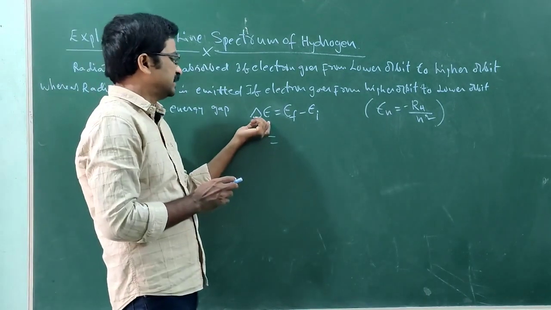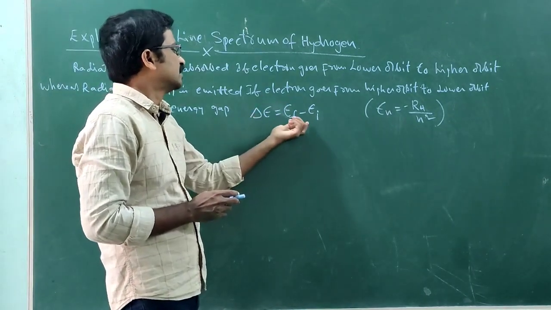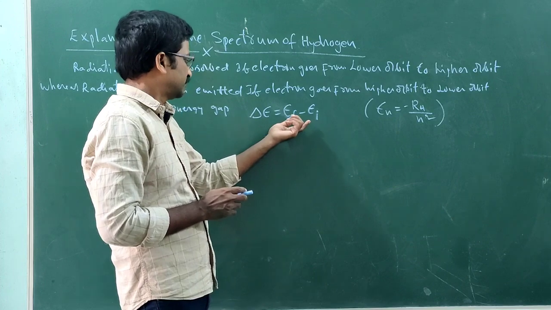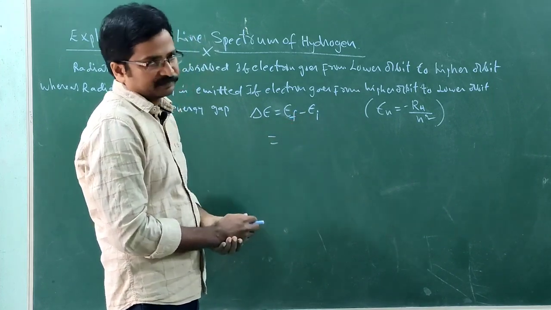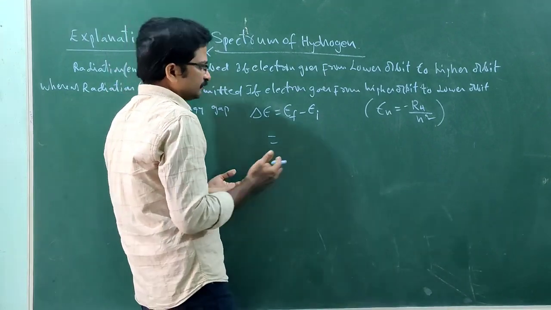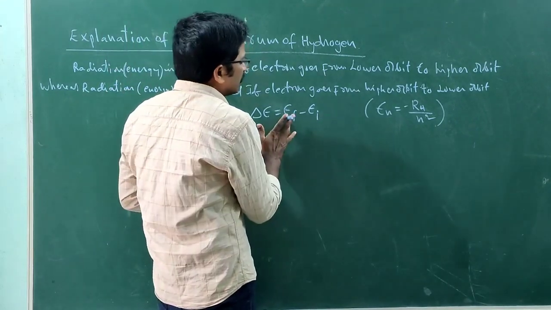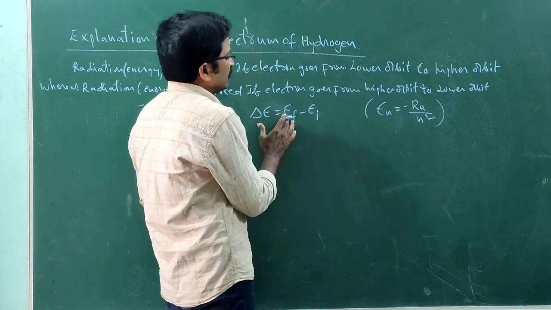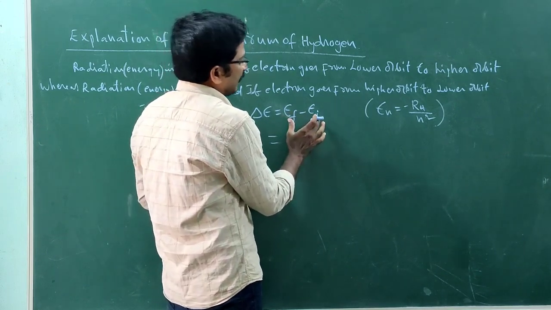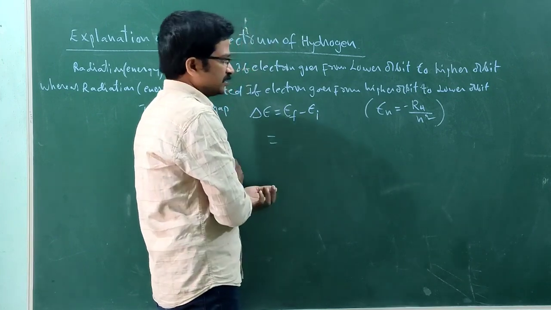So, the change in energy in these situations is del E is equal to EF minus EI. EI means initial energy state, F means final energy state.